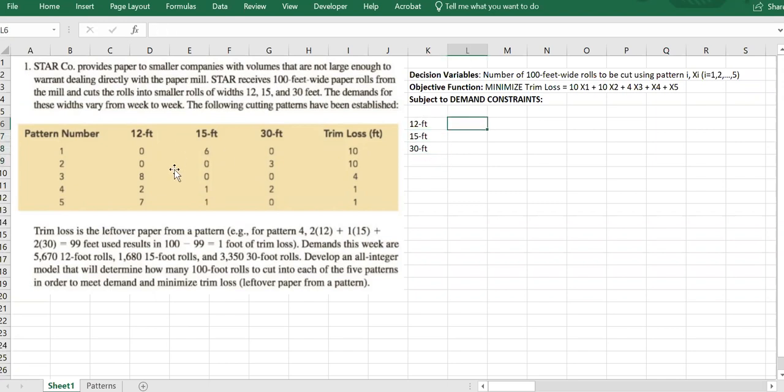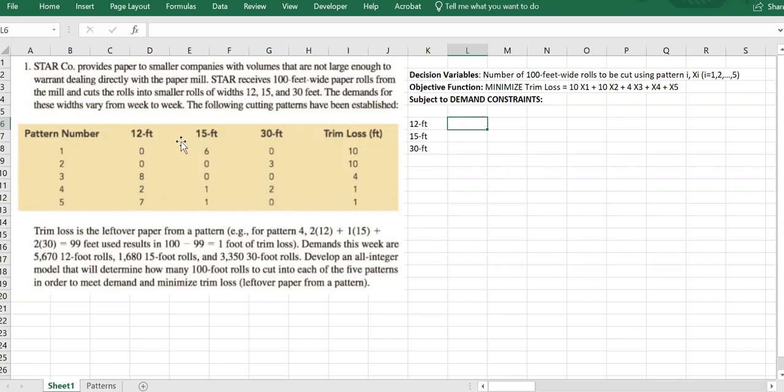Okay, so for 12, the amount that we produce of 12 foot rolls should be greater than or equal to this number, which is our demand, right? So we want to meet the demand.